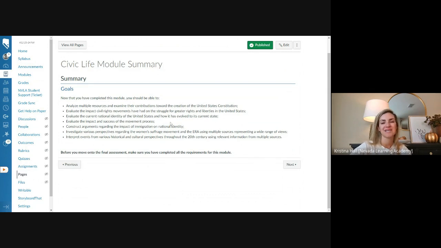We evaluated the national identity of the United States and how it has evolved, and constructed arguments regarding the impact of immigration on national identity, how it has changed us and how it is currently changing us. We looked at the women's suffrage movement, multiple sources, and various historical and cultural perspectives throughout the 20th century to see how we form the opinions and movements that we have today or at any point in time.